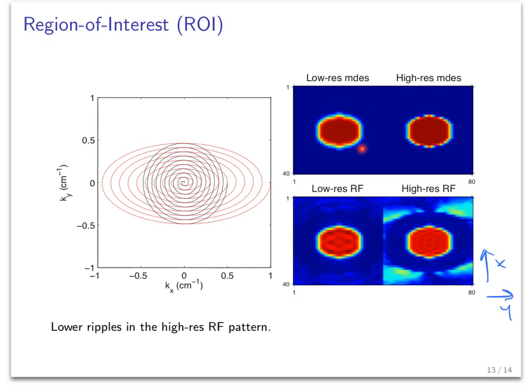This is what we've been trying to target with all of our previous pulse designs, so it's got nice smooth edges. Here's the higher res one, so you can see it's smoothed out a lot in the y direction, but not nearly as much in the x direction.